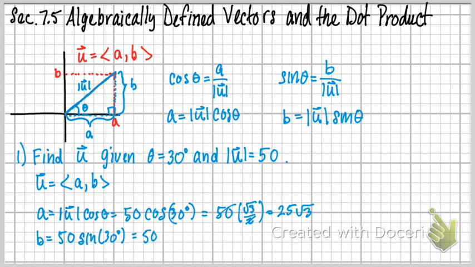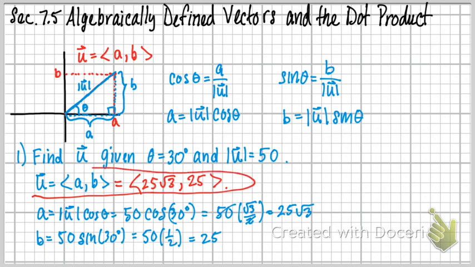So this is going to be 50 times 1/2, which is just 25. So then our final answer here, I'm going to put it in a different color, is going to equal 25 square root 3, comma, 25. So there's our answer. Just given different information, I could think of vectors in another way.